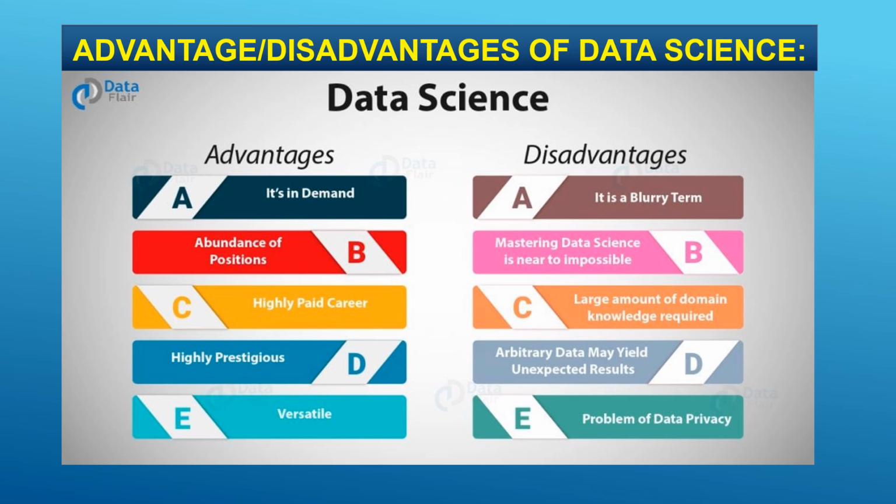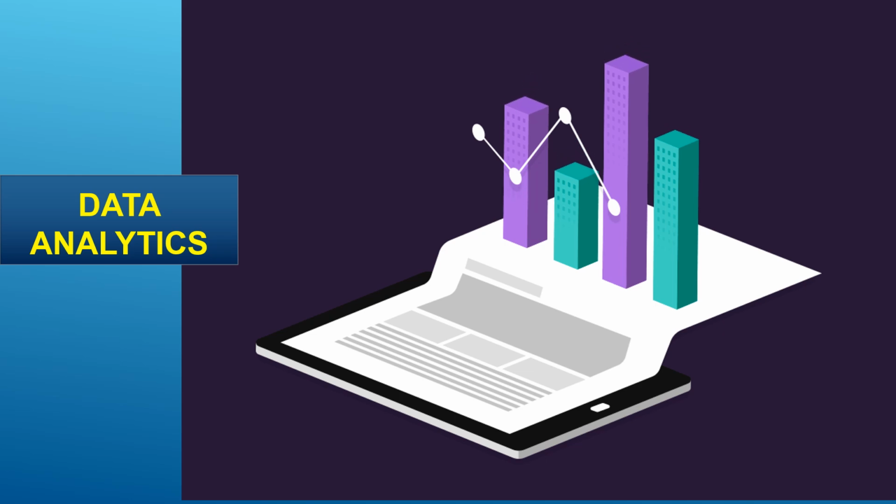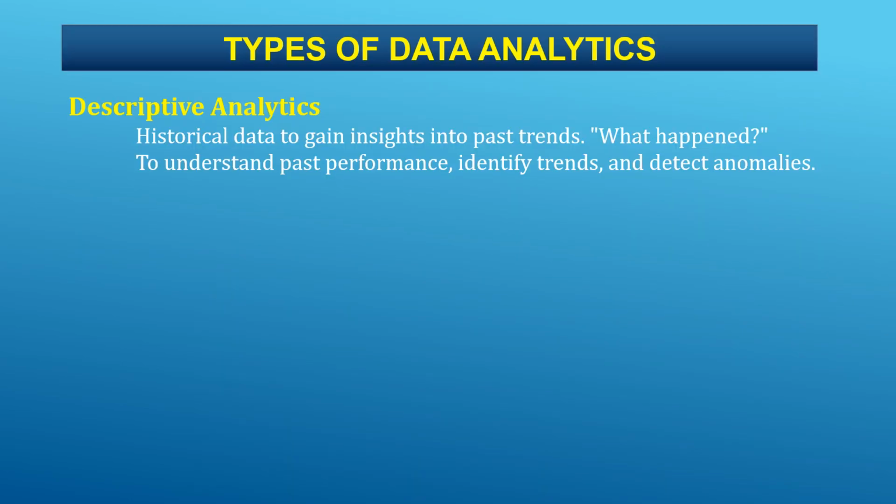Advantages, disadvantages of data science, data analytics, types of data analytics. Descriptive analytics. Descriptive analytics focus on summarizing historical data to gain insight into past events and trends. It answers the question, what happened?